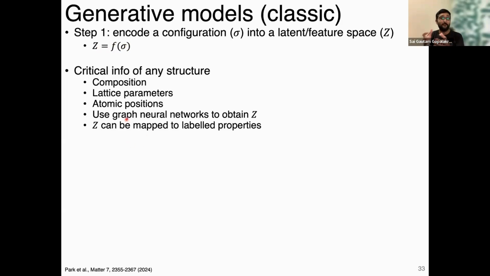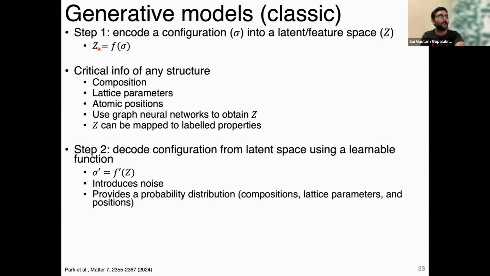And what is a natural way that you can create a latent space representation of a given structure? It's to use graph neural networks. So if you use graph networks, it can automatically give you this F function here, whereby you can generate this Z, right? So with graph networks, this is a fairly straightforward fashion. Step 2 is to basically do the reverse process, is to basically decode a configuration, right? So given a latent space representation, given a sparse representation of a vectorial space, can you generate a structure from that?